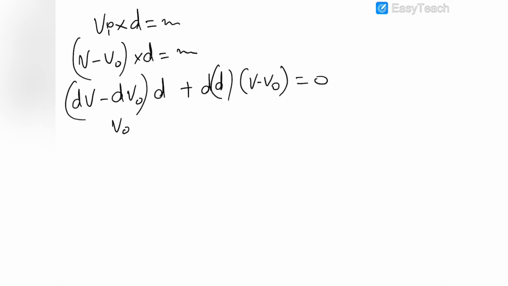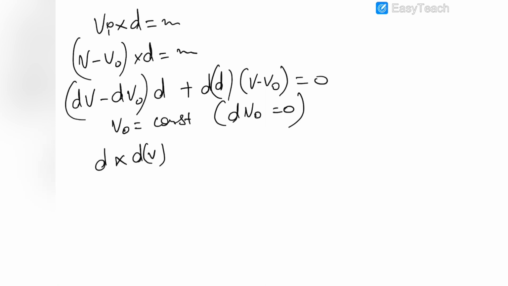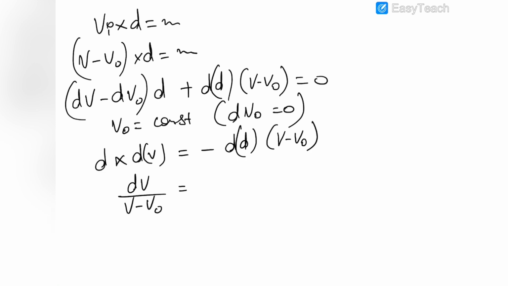Now if V0, the volume outside the liquid, is constant, then dV0 will be 0, and therefore D into dV will be equal to minus dD into (V minus V0). And this is dV upon (V minus V0) is equal to minus dD by D.